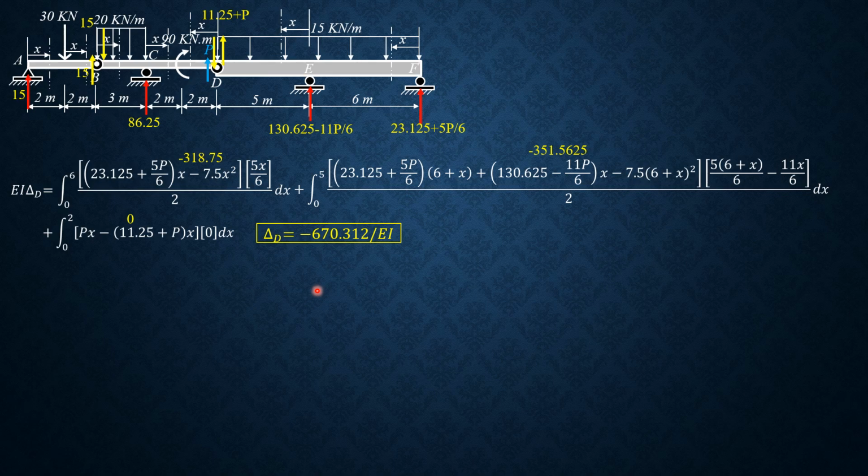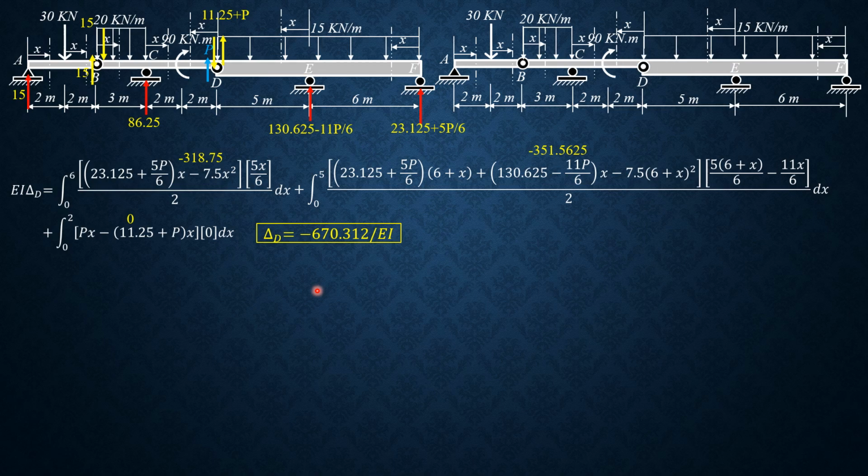Then finally, for the slope just to the right, we apply a positive counterclockwise couple C just to the right of D as shown. If we isolate AB, again, the reactions here are not affected by C. So it's still 15, 15, and 15 down.